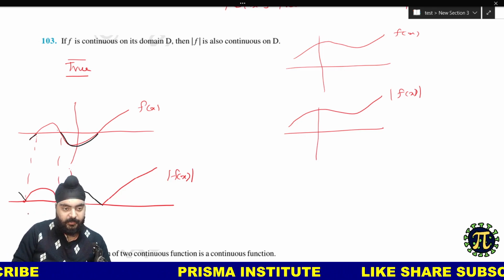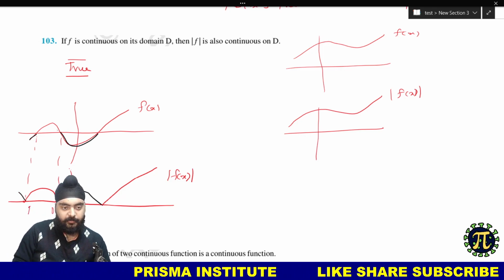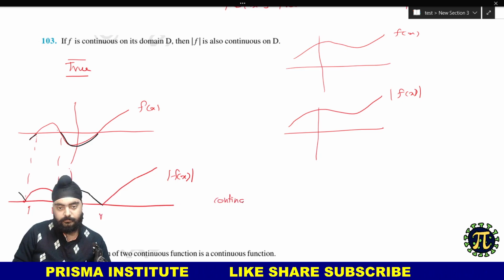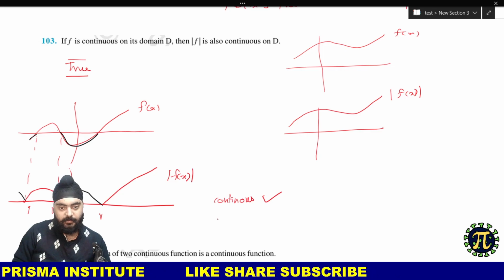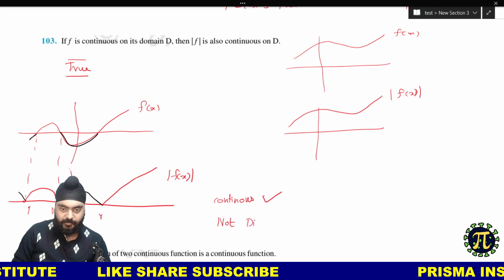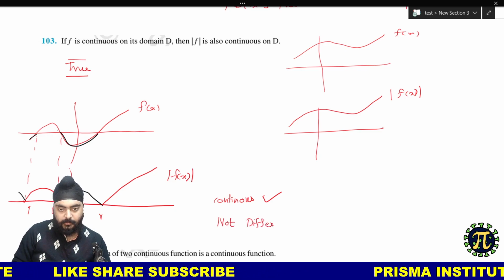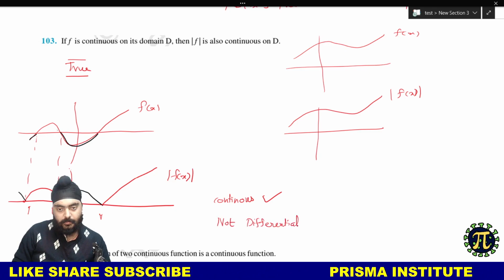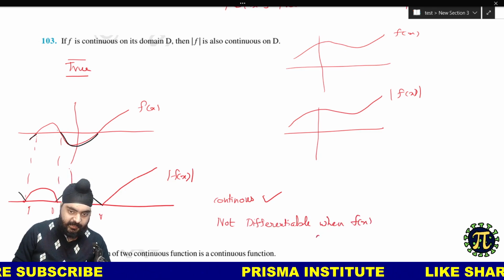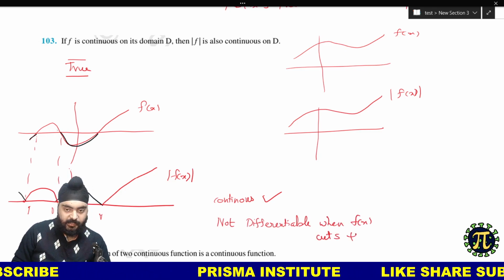Here you can see I don't have to lift my pen, so this is continuous but not differentiable when fx cuts the x-axis.